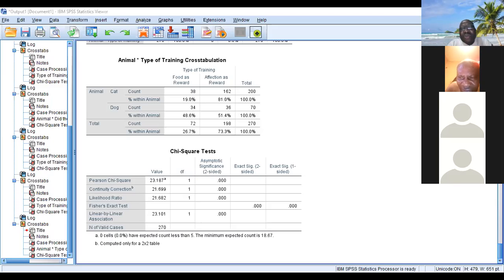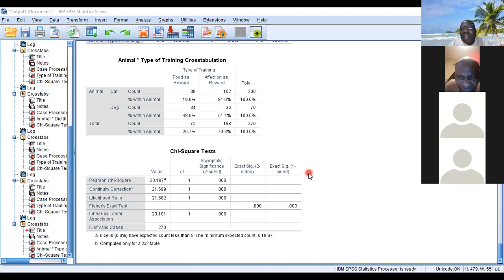For either cat or dog, more of them were given affection than food. But the percentage of dogs given food is more than the percentage of cats given food. I don't know if you understand me now.